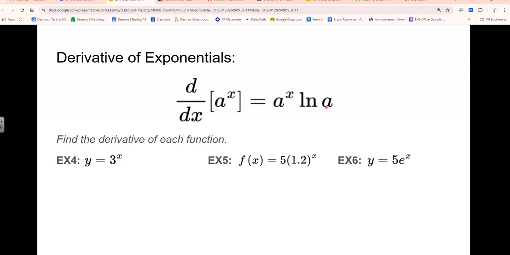So for example, example 4, let me use that dy dx notation just so you've seen it a little bit for when it shows up other times. The derivative of 3 to the x is 3 to the x, but I must multiply it by the natural log of the base, which is 3.